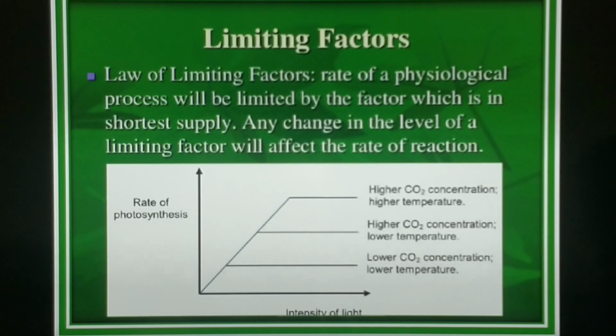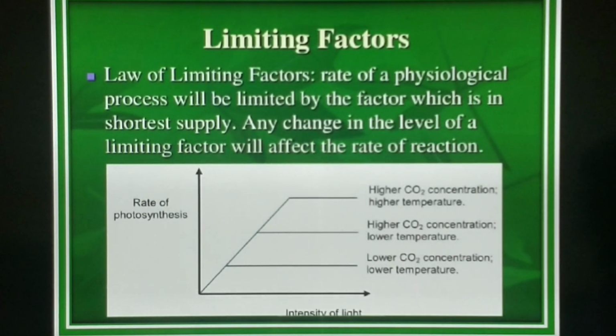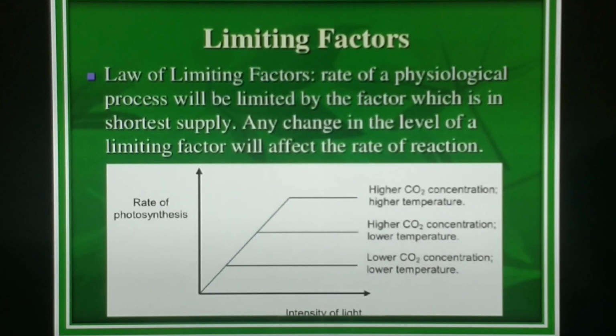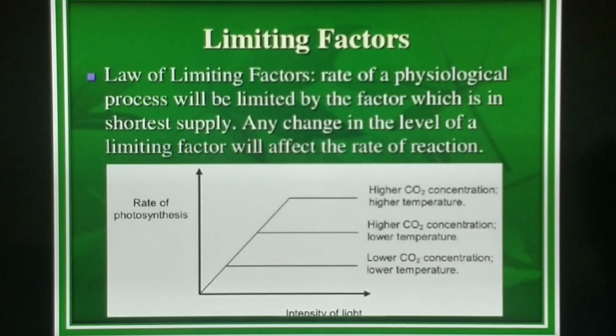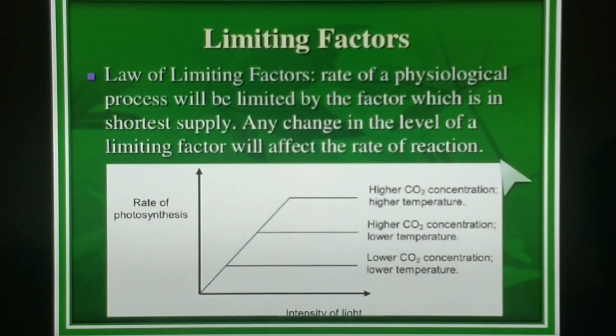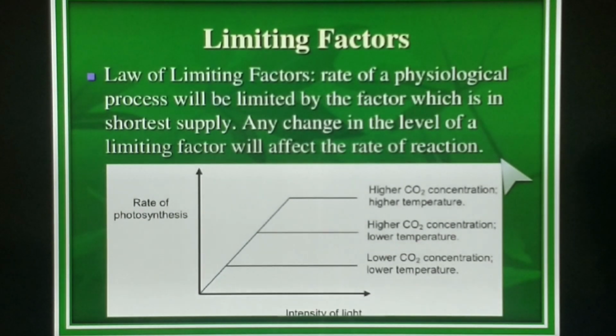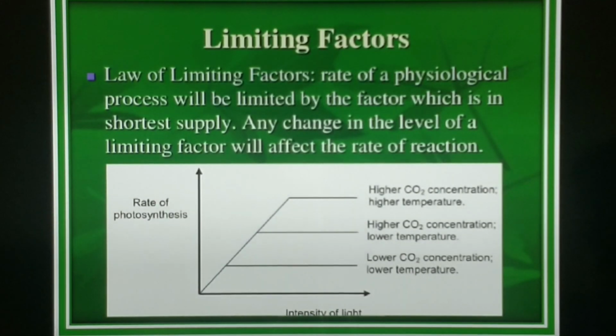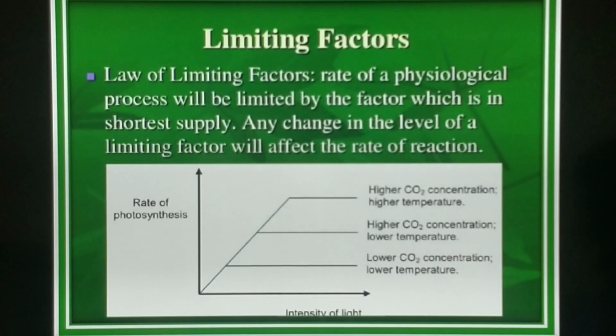So according to this law, the factor which is in its least amount or concentration decides the rate of a reaction. In this case, the rate of photosynthesis. That law was given by Blackman, so it is known as Blackman's law of limiting factor.